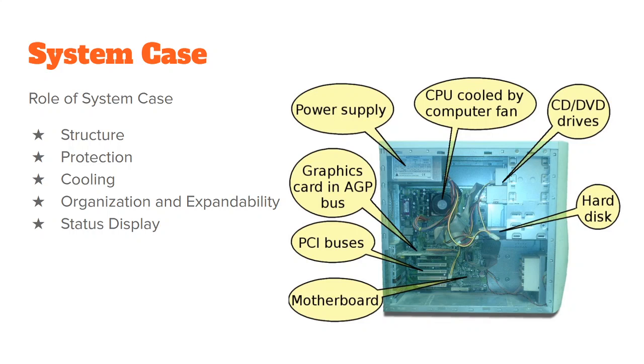The main thing is the cooling. Why do we need the system to cool? See, when the components inside the CPU are working, a lot of heat is generated. A lot of heat. And the motherboard and other components are all tiny components, and they get heated up very easily.